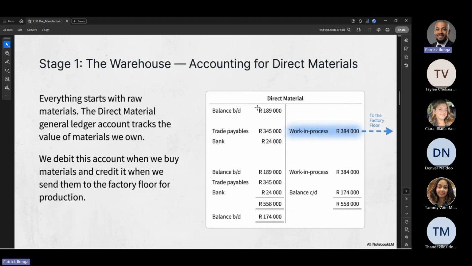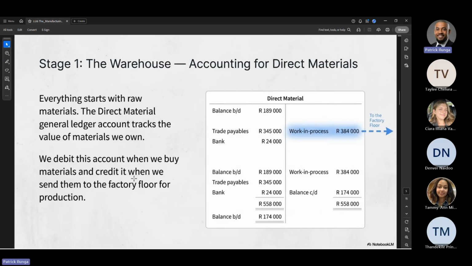Do you see that? Left and right. Okay. I know you've done your accounting, but I'm just trying to make you understand this plus minus all the time. But you will get it much easier here. So we debit this account when we buy materials. So we debit, and we credit when we send those materials to the production.